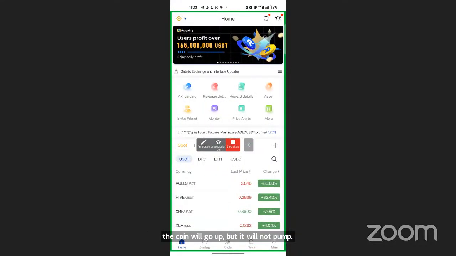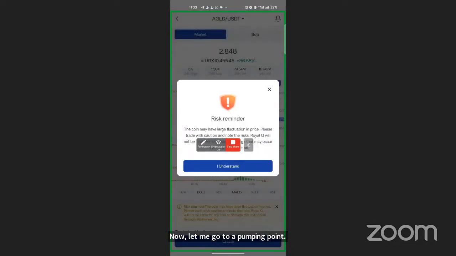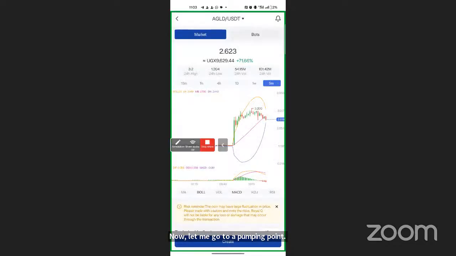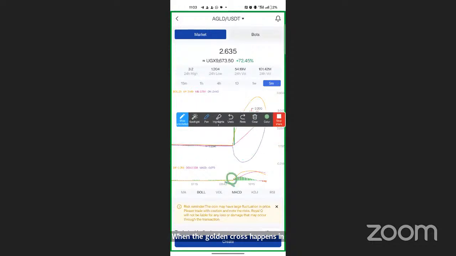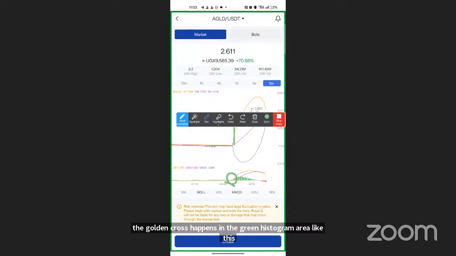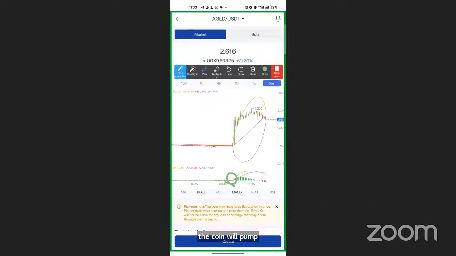When the golden cross happens in the green histogram area like this, the coin will pump. If I've given you an answer, give me a yes in the chat. Once you see the golden cross in the green, this coin is going to go up highly. Once you see the golden cross in the red area, the coin will go up, but not so much.